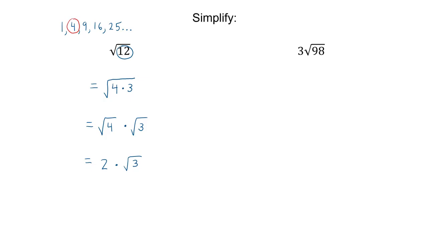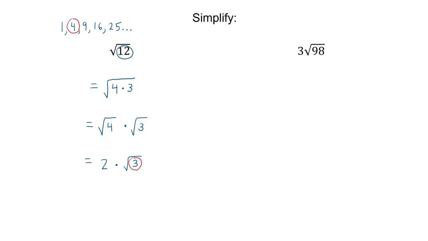Now we have to ask ourselves this question. Is the expression 2 times the square root of 3, or 2 square roots of 3, fully simplified? Well, the number underneath the radical symbol can't be divisible by any perfect square bigger than 1. Is 3 evenly divisible by any perfect square other than 1?